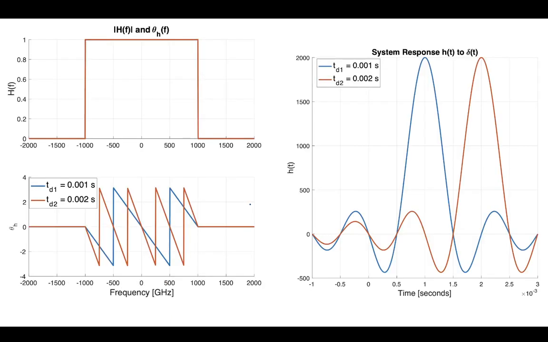And going back to this picture, what we should remember from that previous video is that if we increase this time delay, so this is time delay 1 of 1 millisecond, if we increase it to time delay 2 of 2 milliseconds, we can see that this really big part of the sinc response goes further and further away from 0, and that in the time before 0, the amplitude of this is going down, so it's contributing less and less.